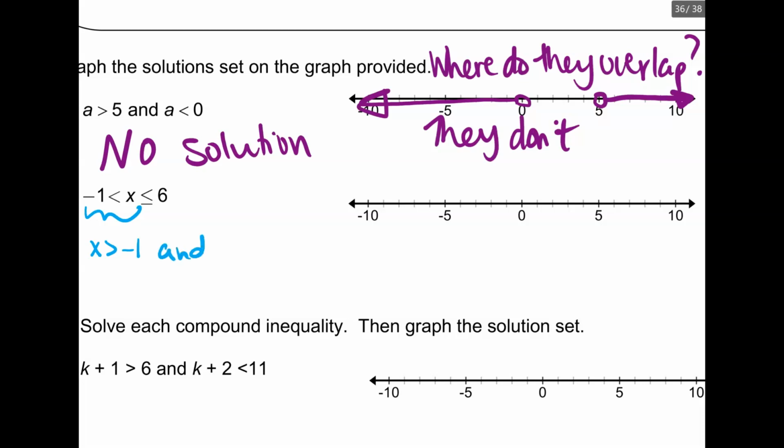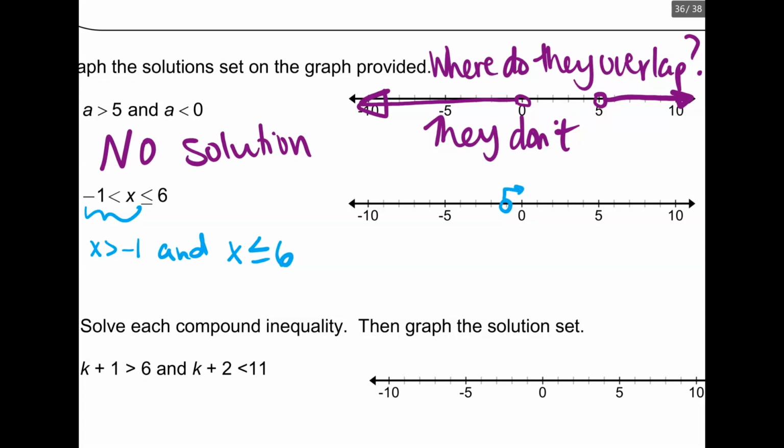Our second inequality is x is less than or equal to 6. So I split it up into two inequalities, with the variable on the left side so we don't have to think as much. The arrow of the inequality shows me which way to point. x is greater than -1, so I put an open circle at -1 with the arrow going that way.